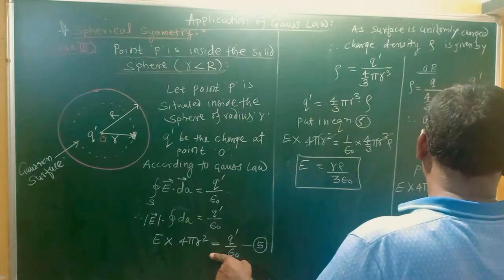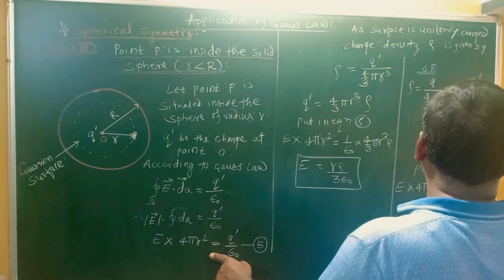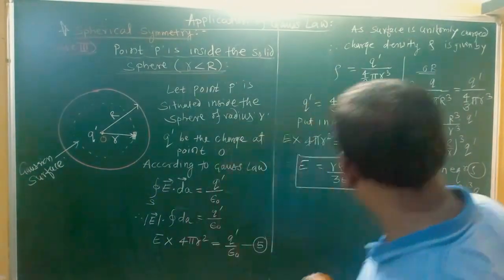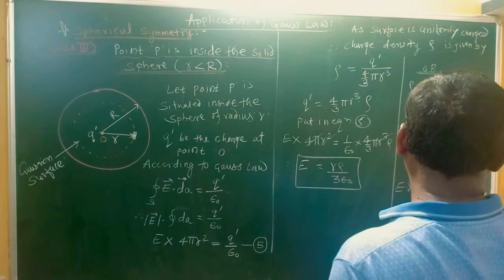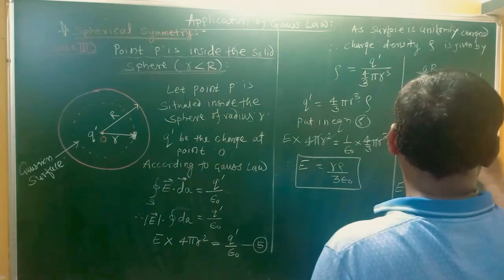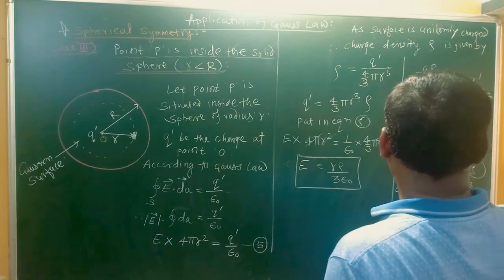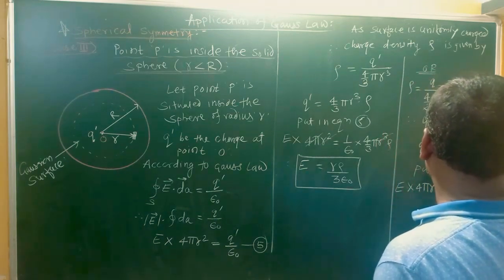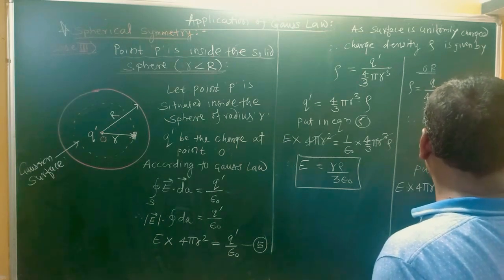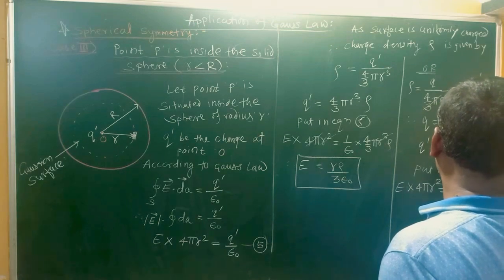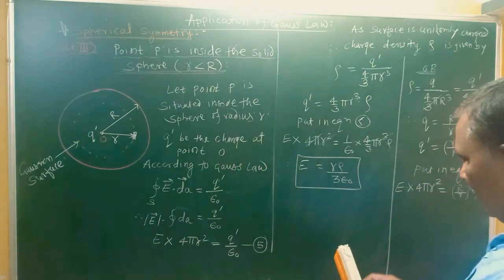We have to find the value of Q dash, so it gets inverted. Q dash is equal to small r goes up and capital R comes down, into Q. This is Q dash.